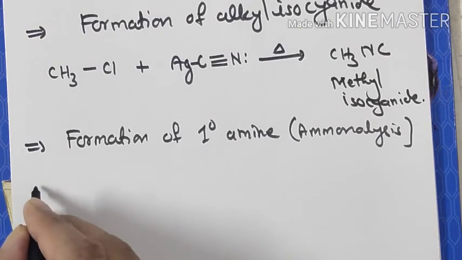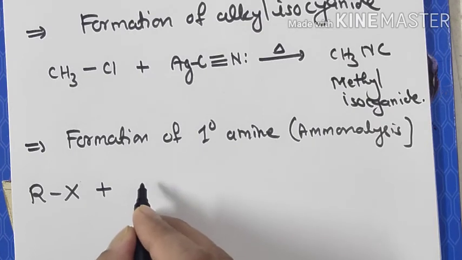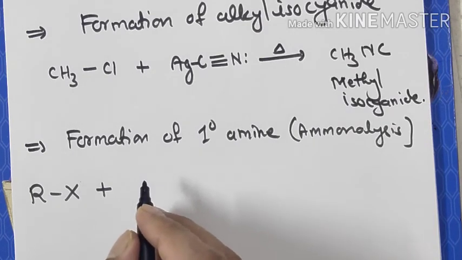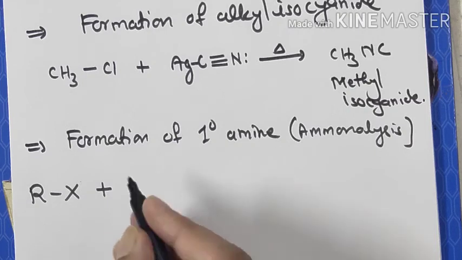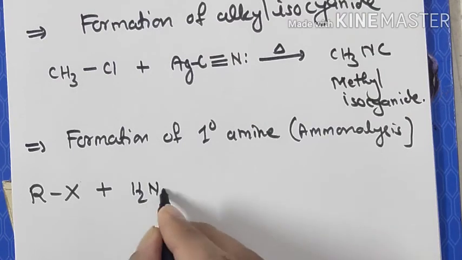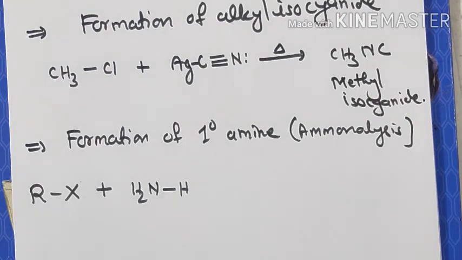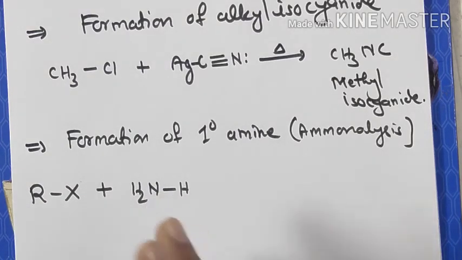Let's understand. Suppose I have alkyl halide, that is RX. I treat this with ammonia. What is the formula of ammonia, student? Ammonia is NH3. What is the formula? NH3. Can I write like this? H2NH. Can I write like this? Yes, I can, and so I'm writing that.